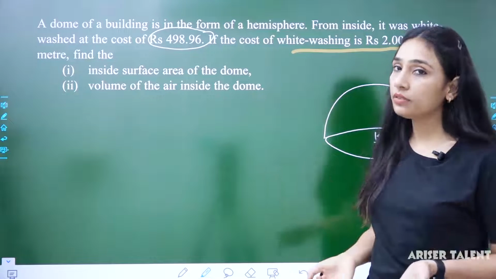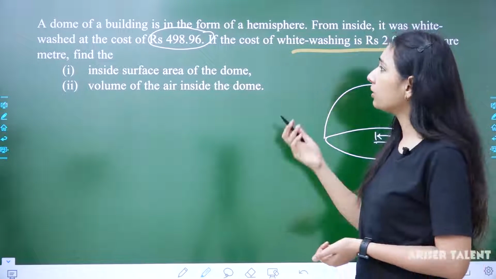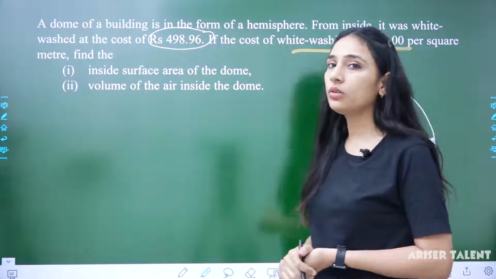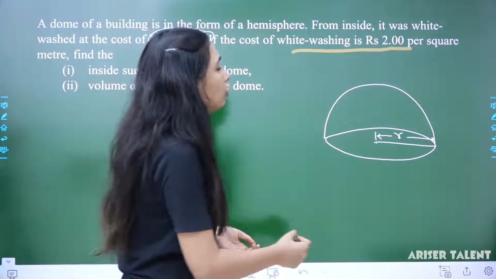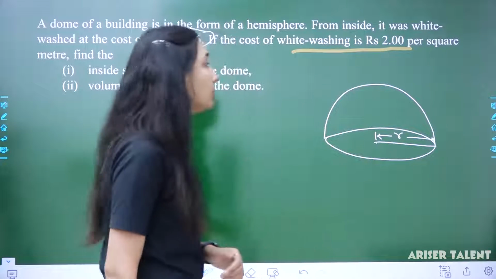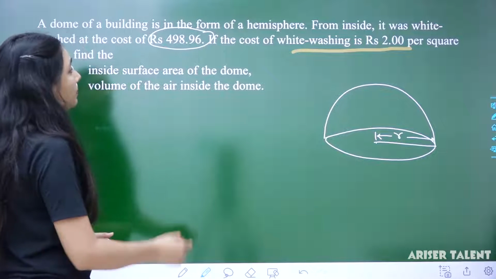Now, inside surface area of the dome, talking about this, the radius is not given to us. So, we are assuming that this inner radius is r.